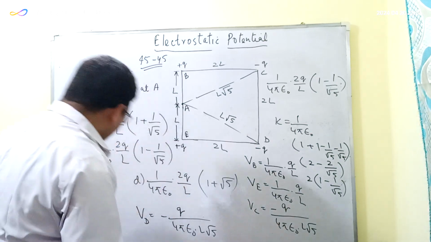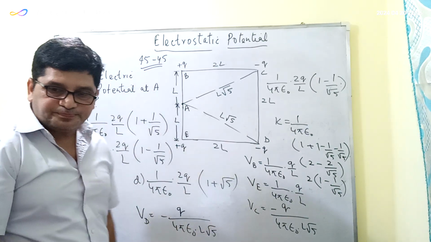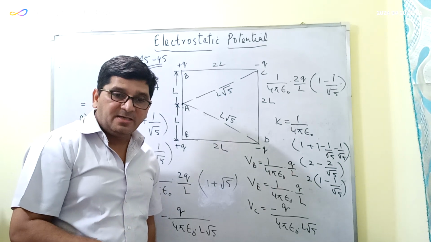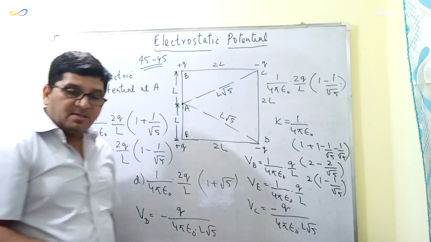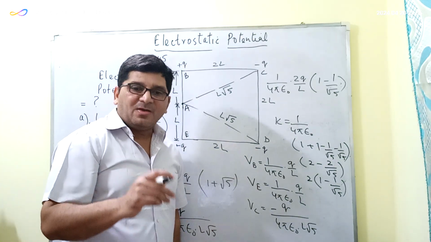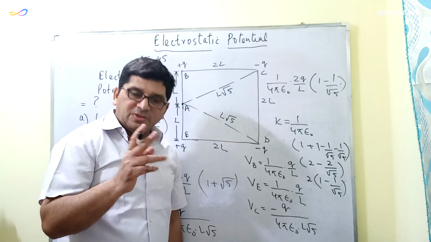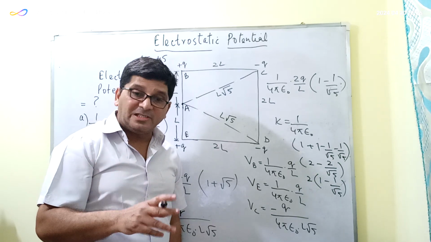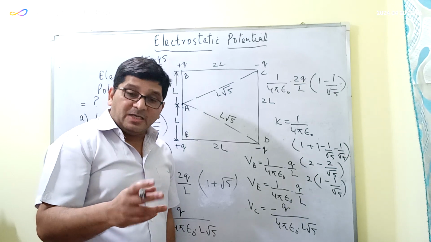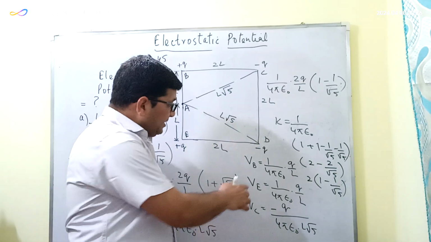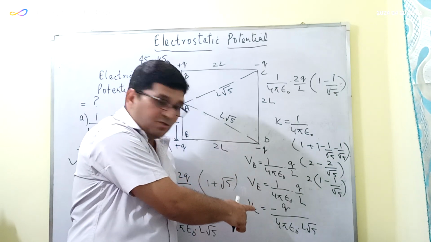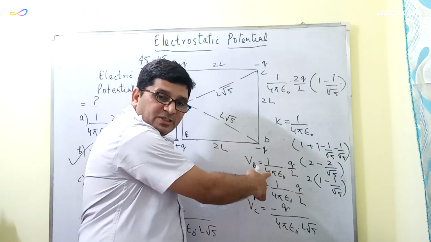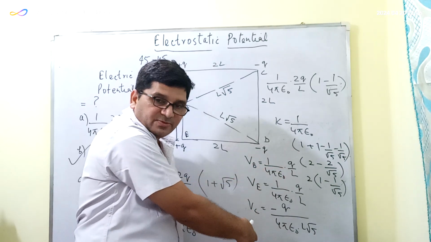So the most important thing in the case of this electric potential is that the potential at any point is the algebraic sum of the electric potential due to the individual charges. And what is the meaning of algebraic sum? The meaning of algebraic sum is that if the charge is negative, then the potential will be negative. Means you will be putting a minus sign here. If the charge is positive, then you don't have to put any negative sign.